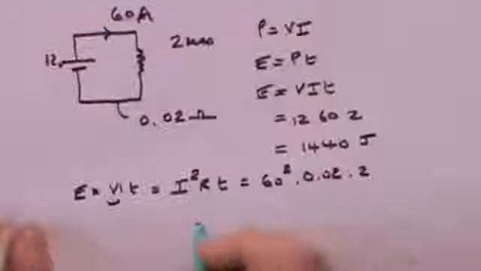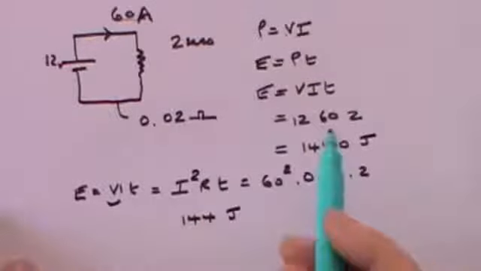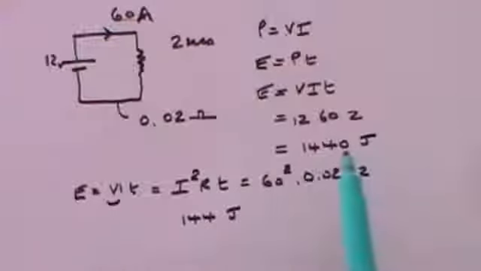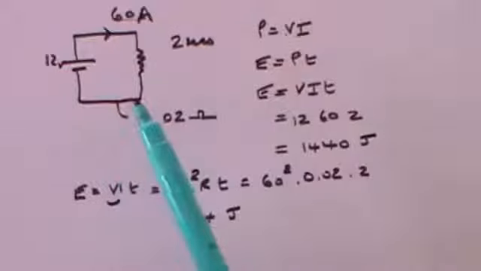And that will give you 144 joules. So the battery is delivering 1440 joules to start the engine, but it's actually wasting 144 joules, that's 10%, is being wasted through the wires itself.